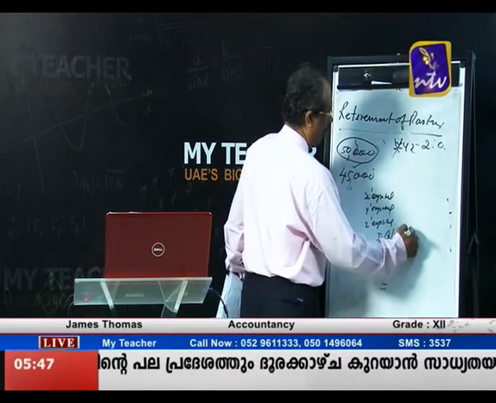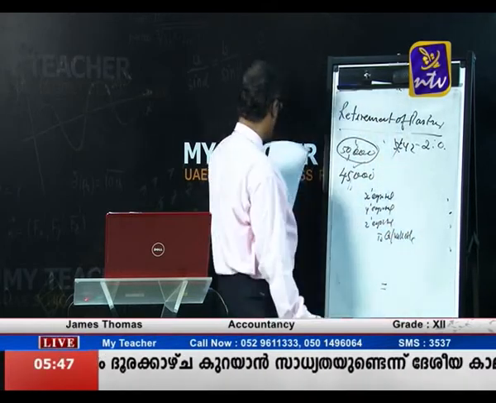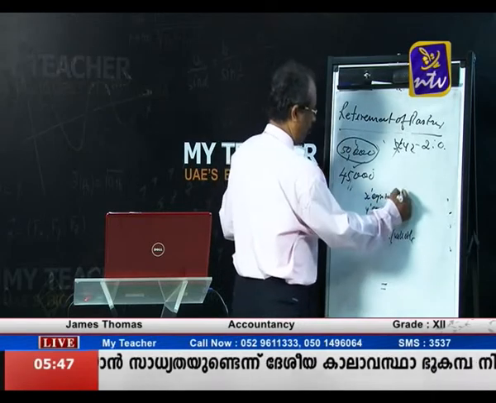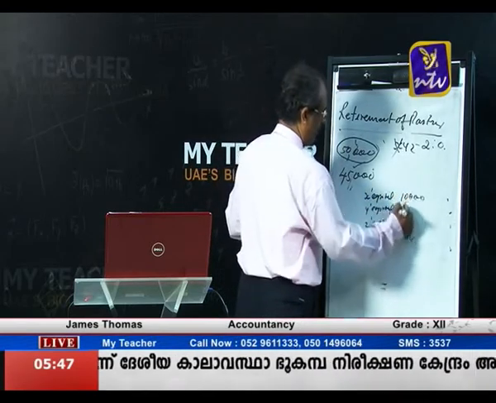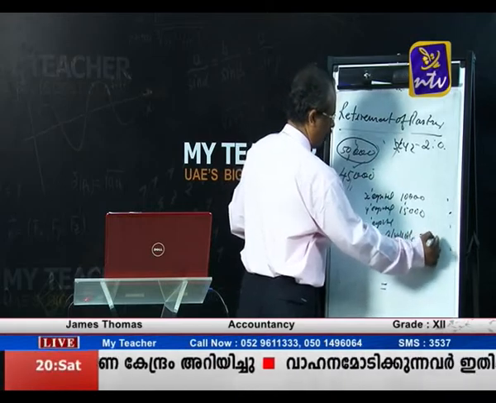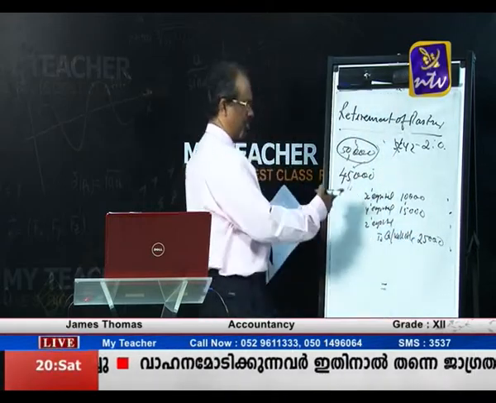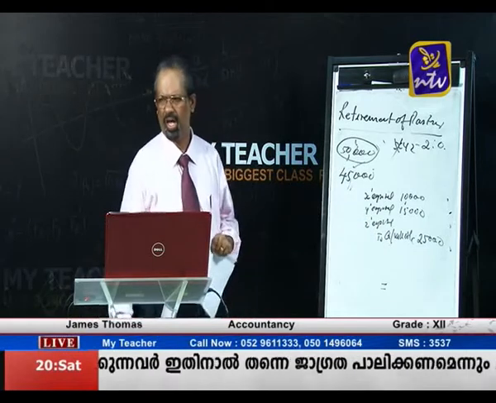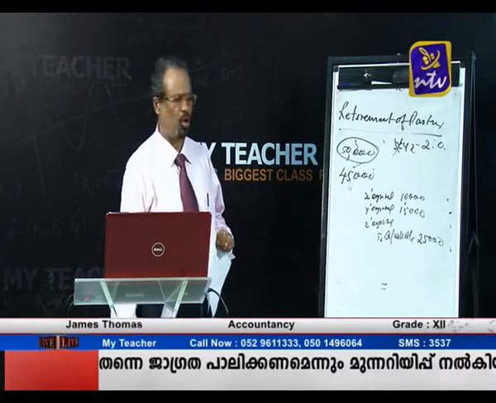That means this 50,000 should be divided according to their old ratio, that is 10,000, 15,000 and 25,000, total 50,000. So you can see the existing goodwill is written off according to the old ratio.